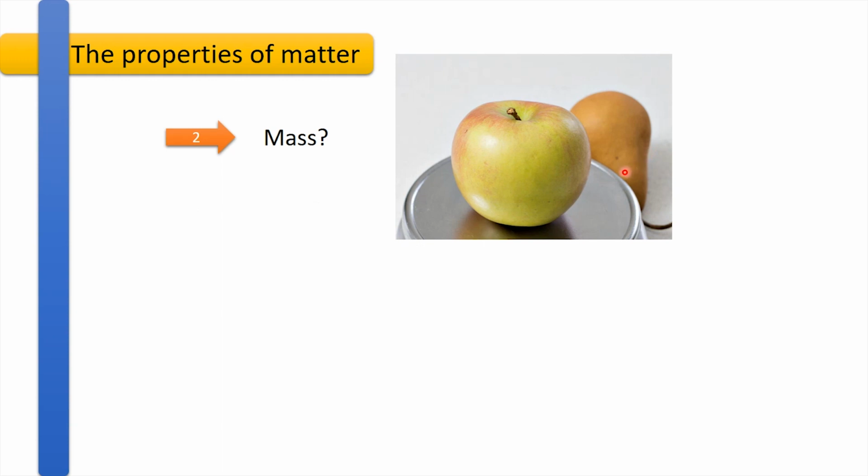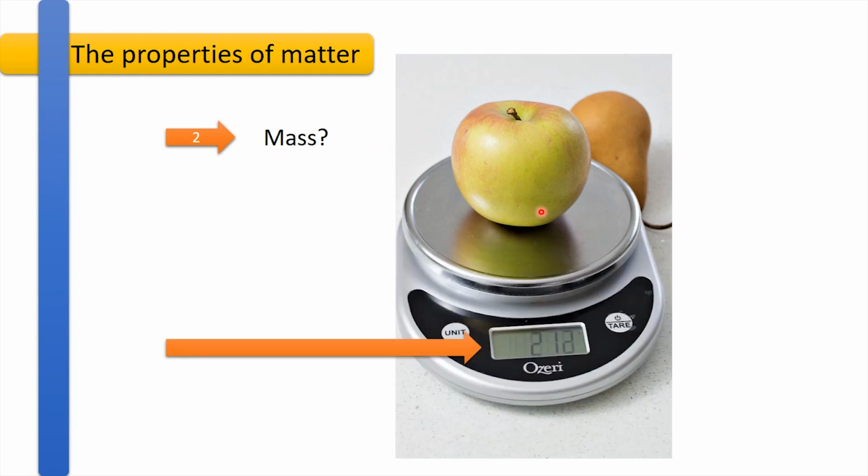What about the mass? Look at this apple. If we ask ourselves how much matter is in this apple, how can we know? In fact, this is what we call the mass.